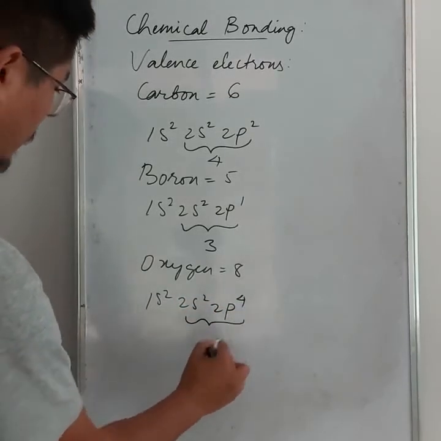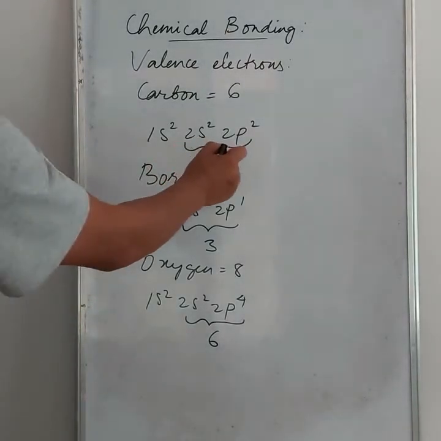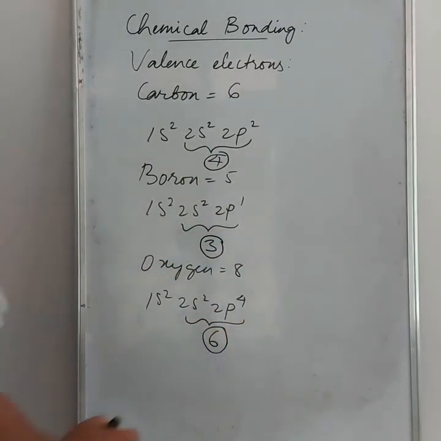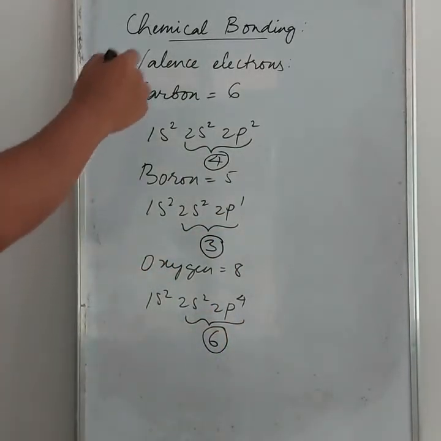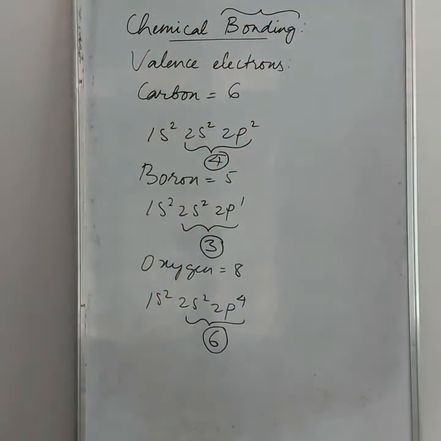So the valency of oxygen is 6 and so on. So these are examples of valence electrons. These valence electrons make up the bonds in between different atoms.